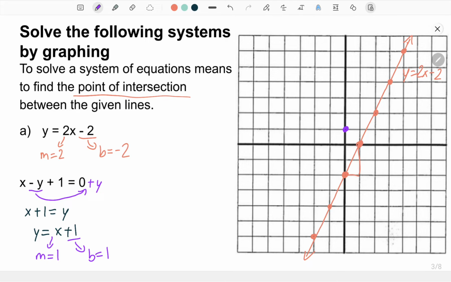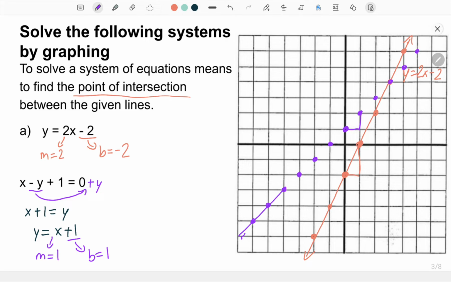The slope tells us that for every 1 we go across, we go up 1. So you're basically just going to the top right corner of each grid. Then go along and plot that out. I'm also going to go backwards, following that same pattern. And again, make it a nice straight line. By plotting more points, it'll make it a lot easier when you use your ruler to get it very nice and straight.